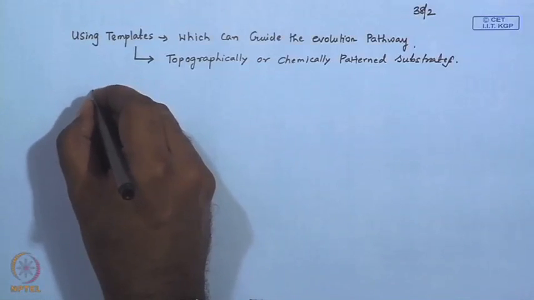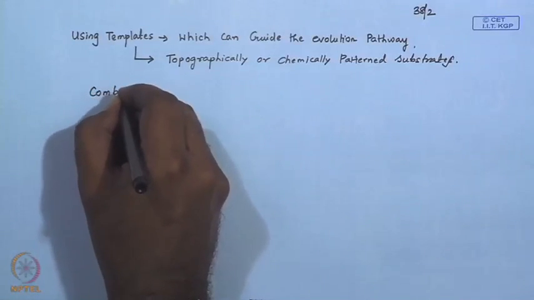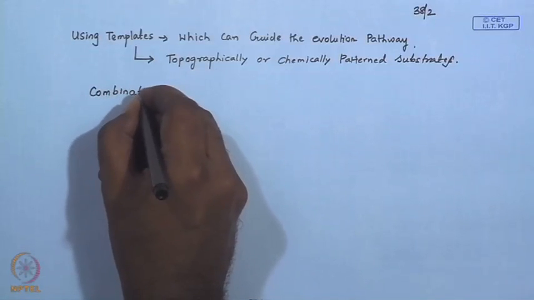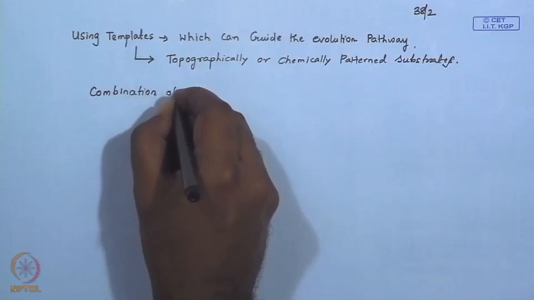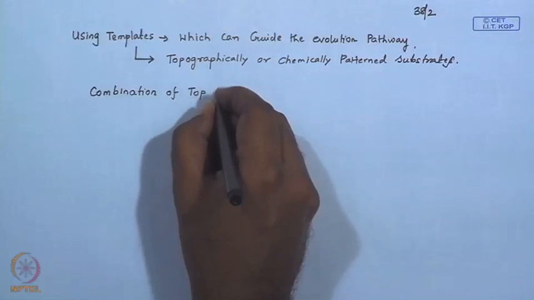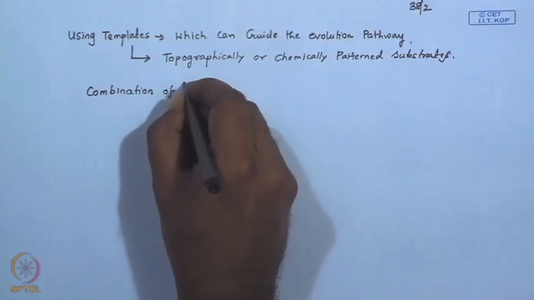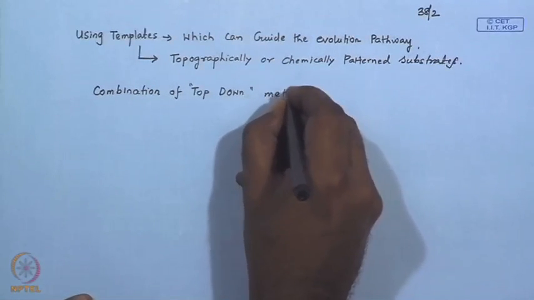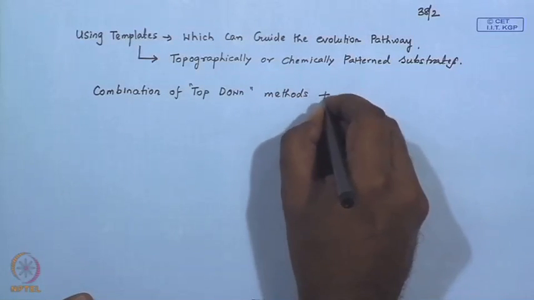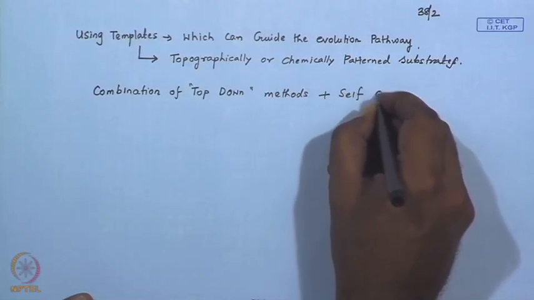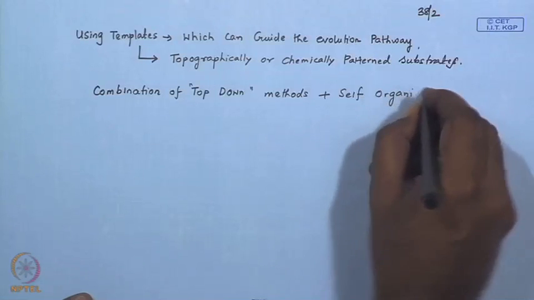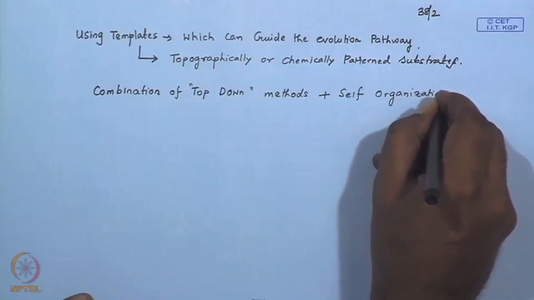Now, whenever you are using a template, it is essentially a combination of the top-down methods and the self-organization methods. Okay.